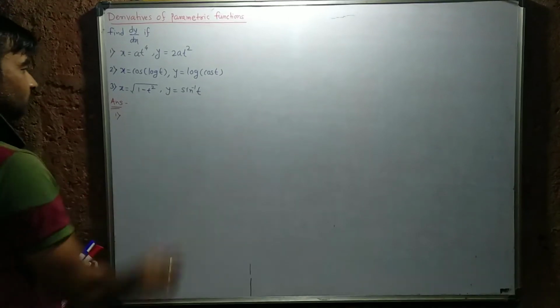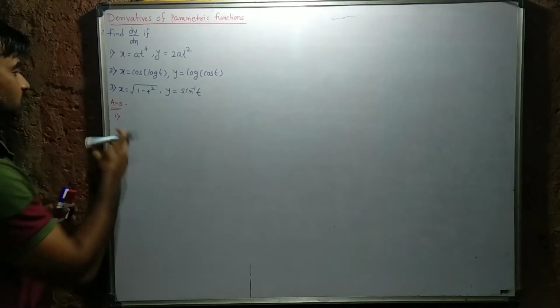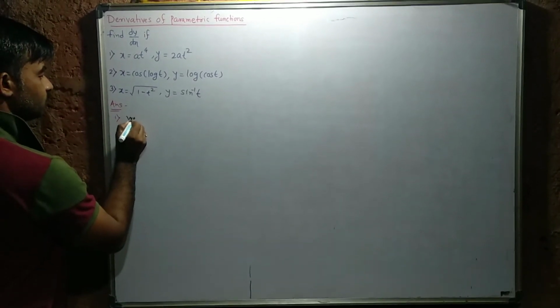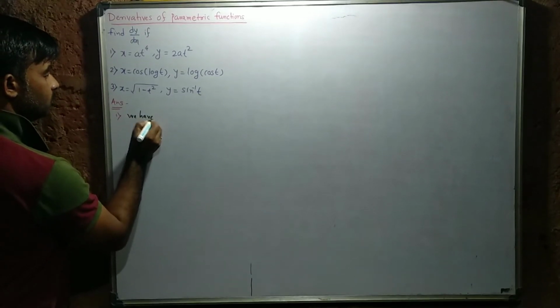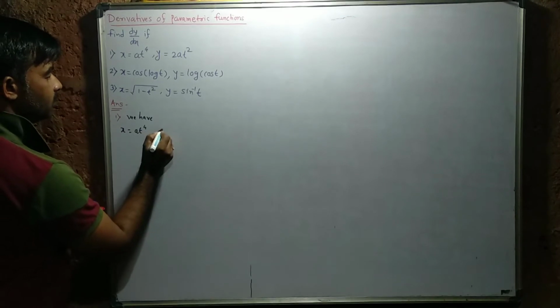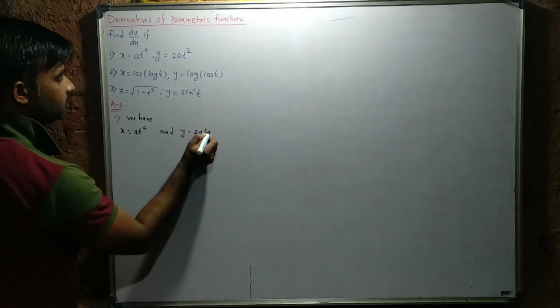According to that, first of all we have to consider, for the first example, x is equal to at raised to 4 and y is equal to 2at square.